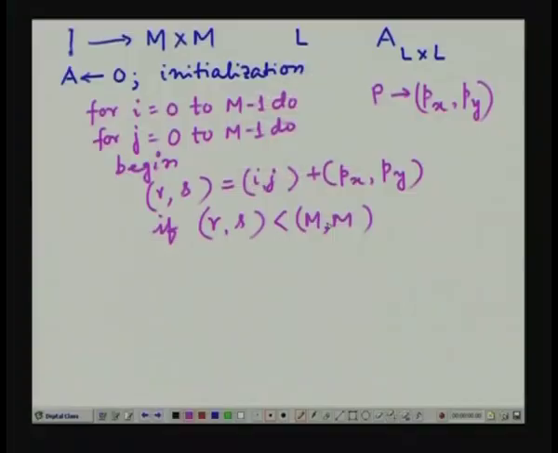So, if this is satisfied, then what I see is, what is the intensity value at location I j and what is the intensity value at location R S. So, using those intensity values as indices in our matrix capital A, I can increment the corresponding location in matrix capital A by 1.